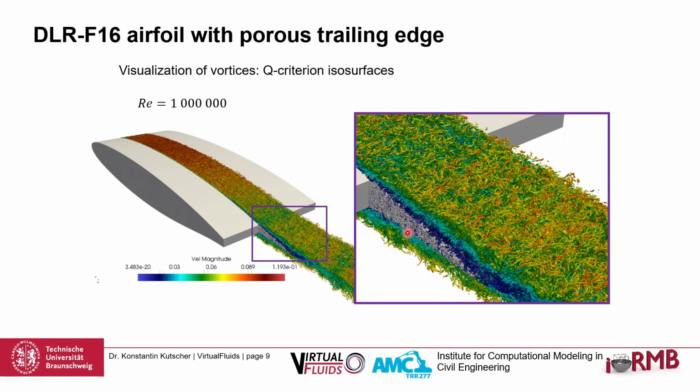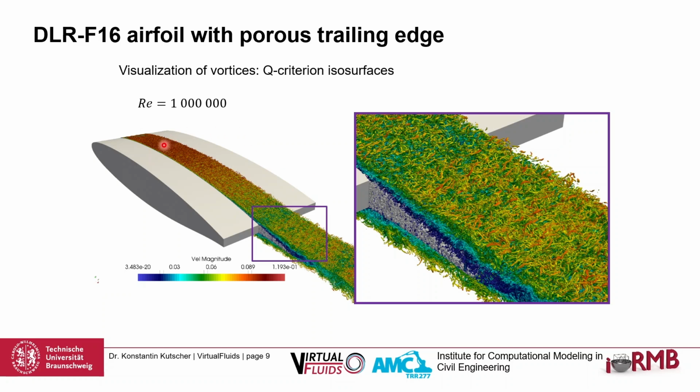And here you can see in the picture a very detailed so-called Q-criterion isosurface. It shows the vortices of this very turbulent flow.